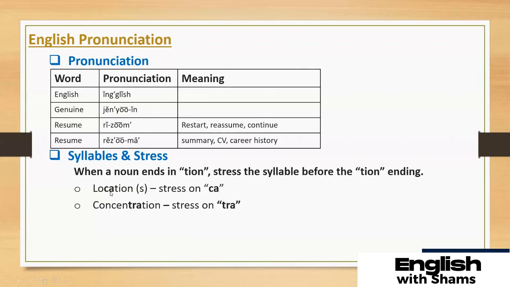Location is a noun ending in -tion, so we stress the syllable before -tion. Before -tion, the syllable is ca. So we should be pronouncing it as location.